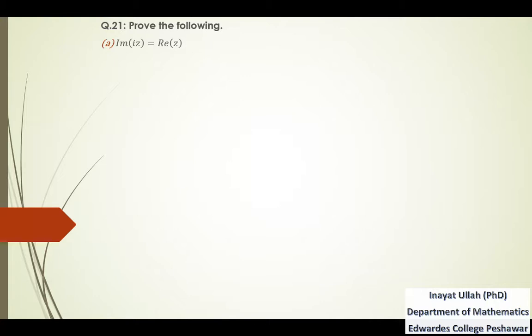We need to take a general complex number. Say z is equal to a plus b iota, or we may say that z is equal to x plus y iota. You can use a, b, x, y, c, d, whatever you use for a complex number, but the most important thing is to take real and imaginary parts.